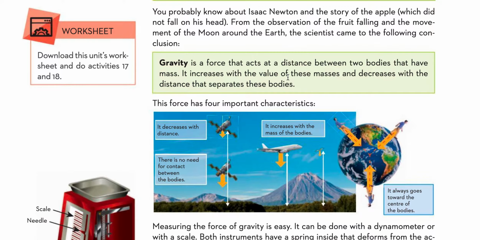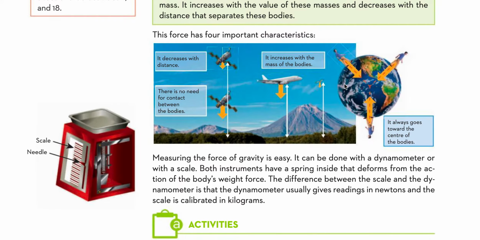The force increases with the value of these masses and decreases with the distance that separates these bodies. So, for example, this plane, the force of gravity increases with the mass of the bodies and decreases with the distance. There is no need for contact between the bodies, it is acting at a distance, and it always goes toward the center of the bodies.